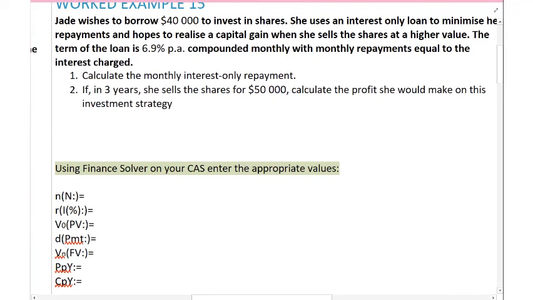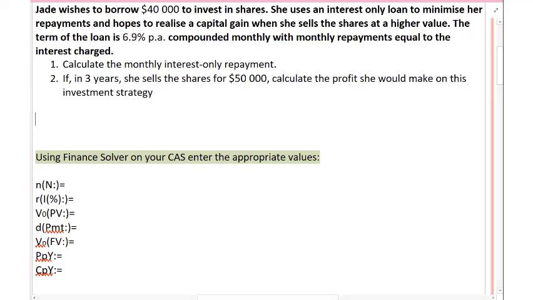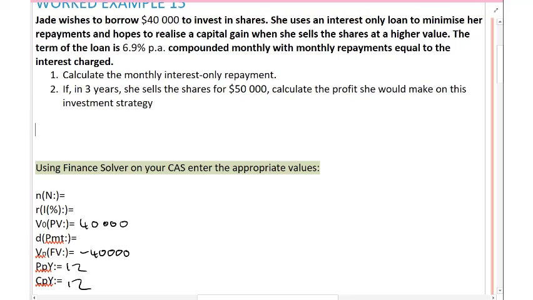All right, so if you look at it, she's invested 40,000, so her PV is 40,000. Means her FV is minus 40,000. It's monthly, so these are 12. We've got our interest rate at 6.9.